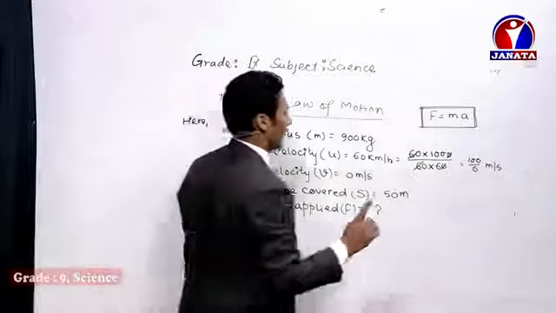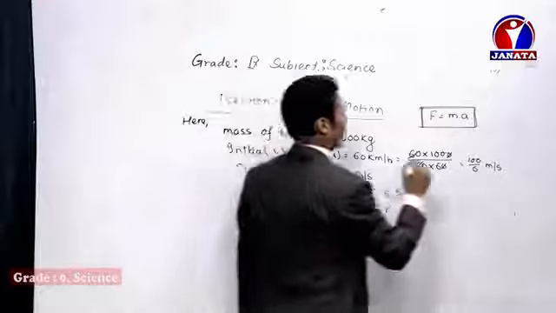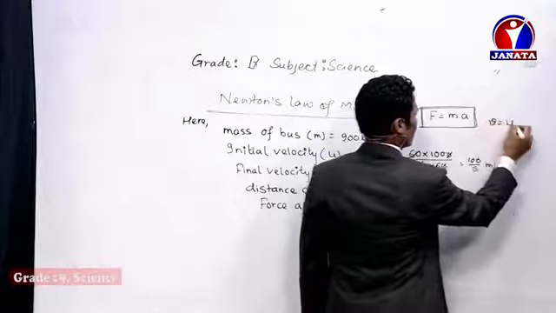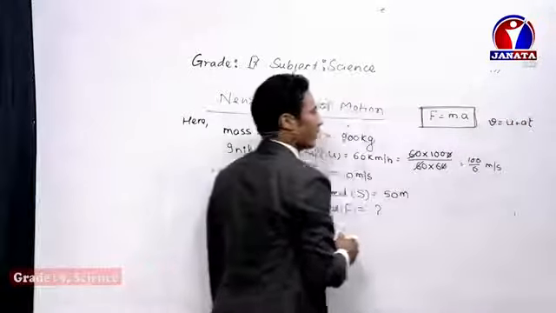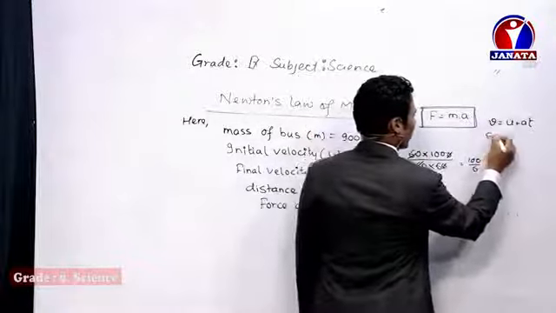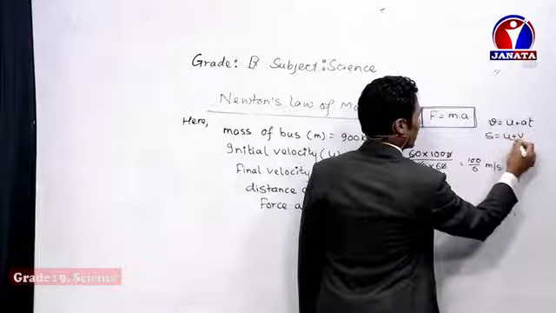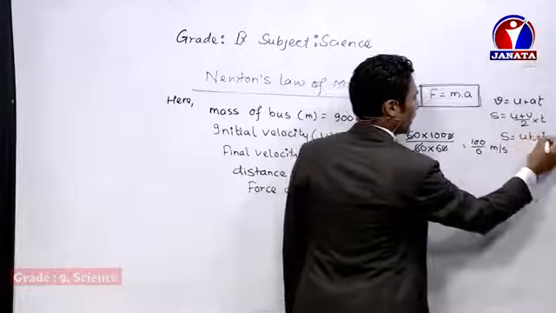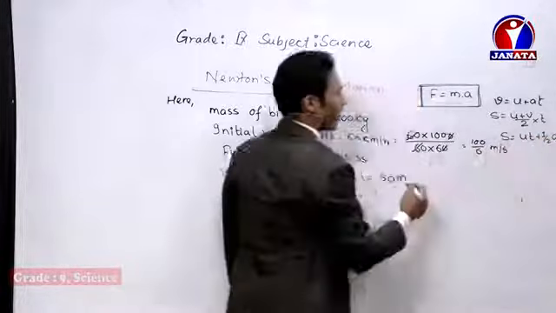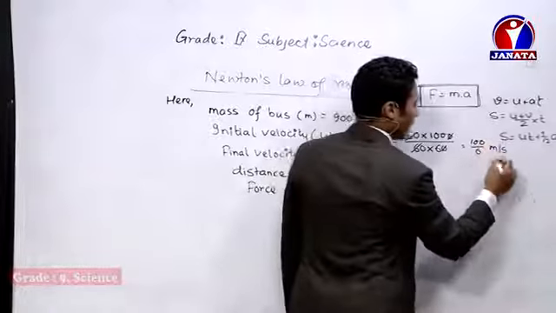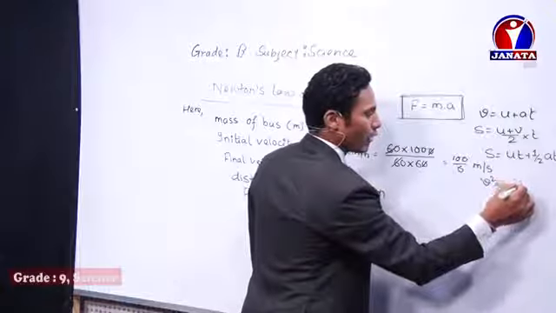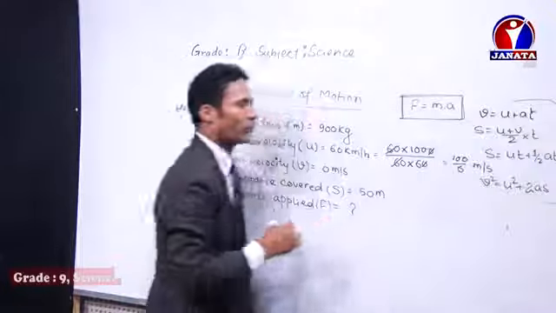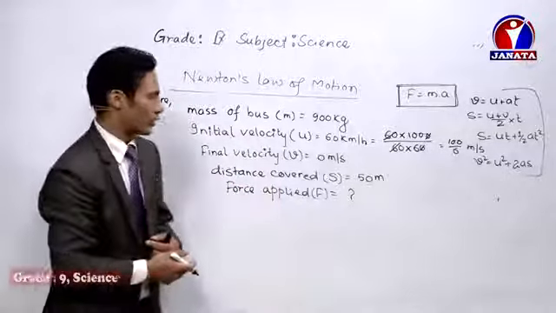I think you might have remembered the formulas: V equals U plus AT, S equals U plus V by 2 into T, S equals UT plus half AT square, and V square equals U square plus 2AS. These are the equations of motion you have learned previously.